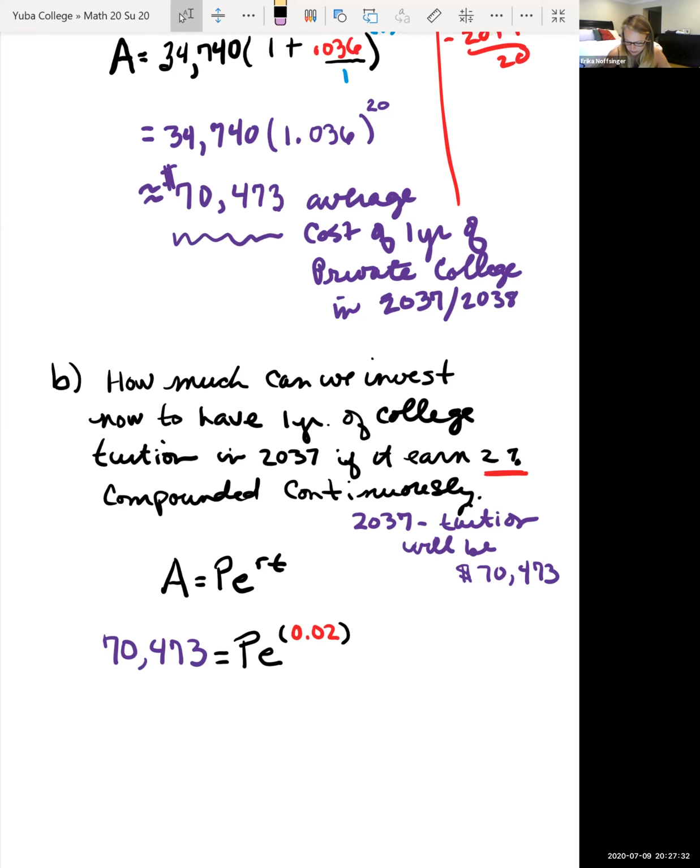But it is 2020. So we have how many years? It's 2020 now, so t is going to equal 17 for us.